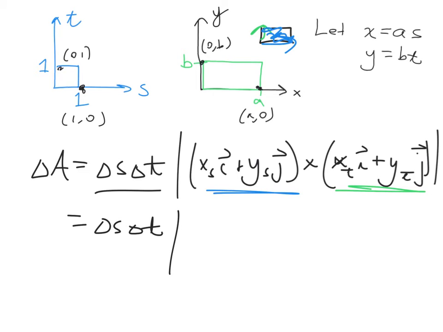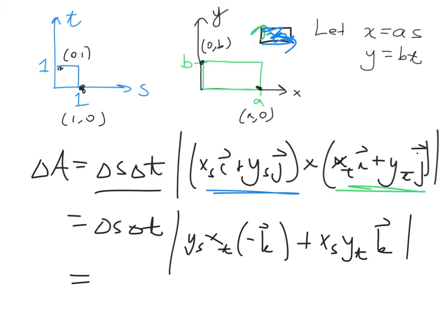So y sub s, x sub t, j cross i, which is negative k, plus x sub s i cross y sub t j, and that is x sub s y sub t, i cross j, which is k.